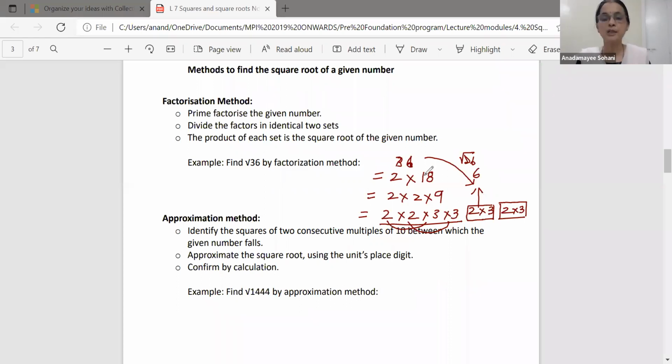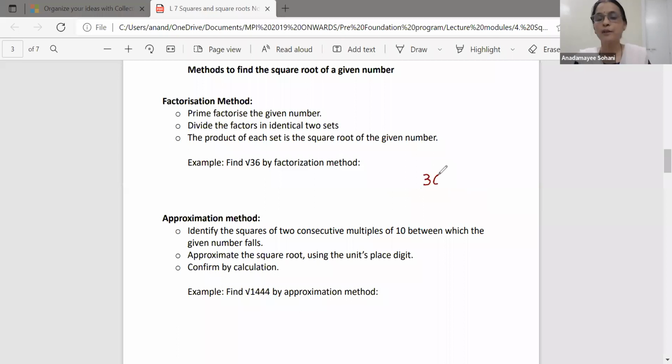36 falls between... or let us take a bigger number now. Let us take this number 1444. Someone has told me that 1444 is a square number. Okay, then I have to find two square numbers of multiples of 10.